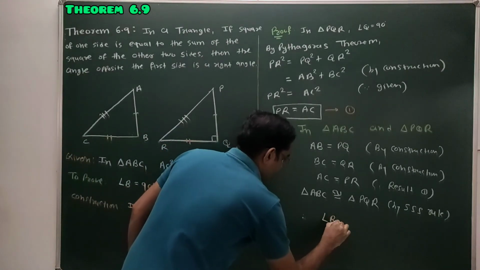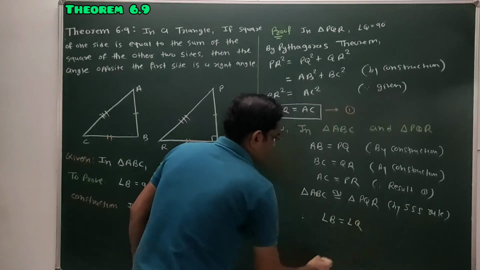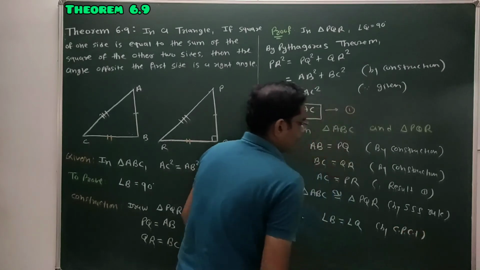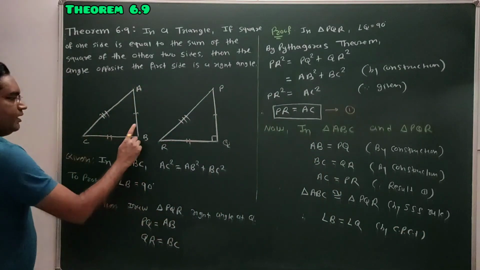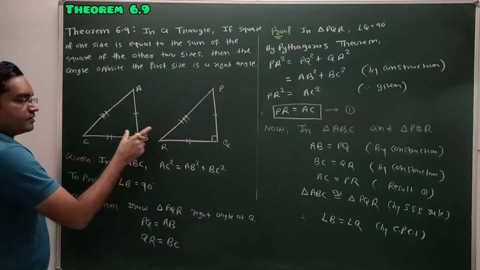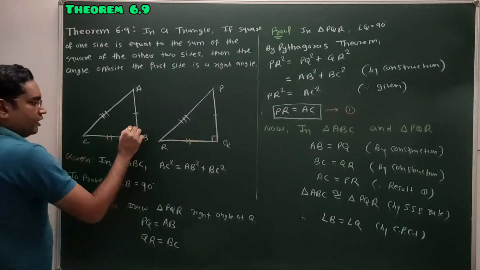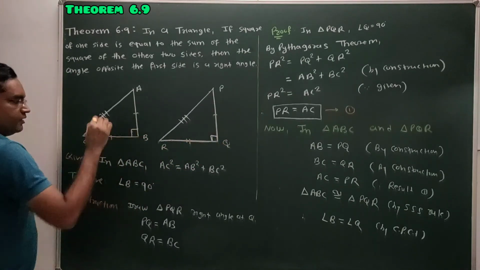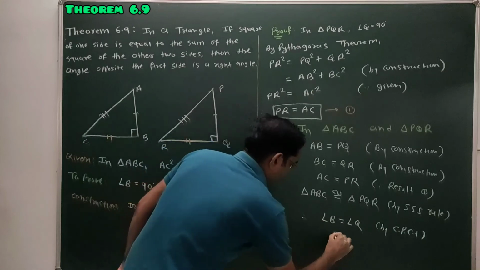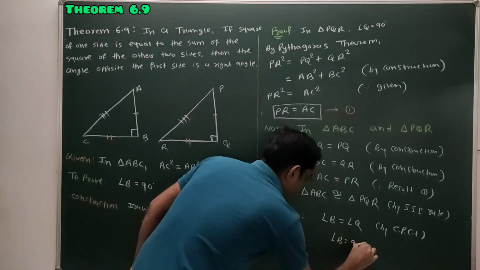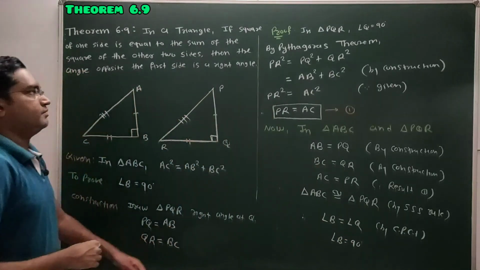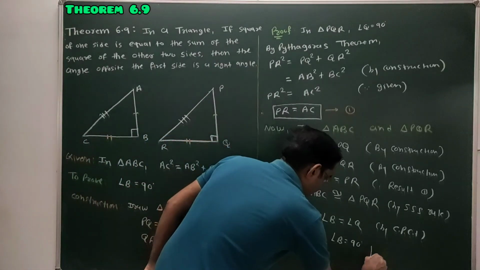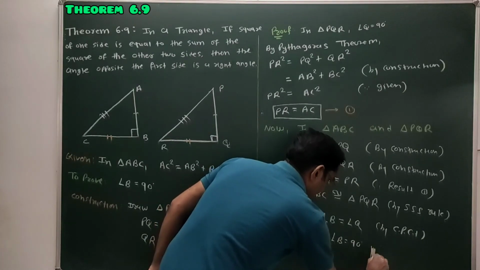So angle B equals angle Q by CPCT, corresponding parts of congruent triangles. Angle Q is 90 degrees, and therefore angle B is also 90 degrees, that is a right angle. Hence we prove our theorem.